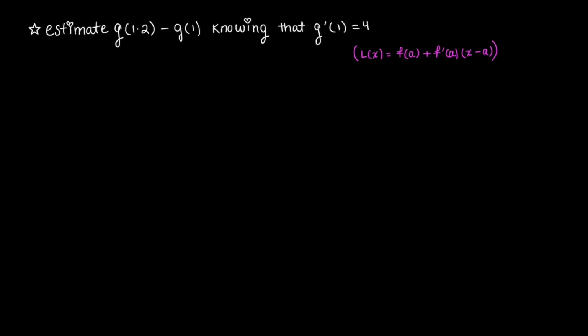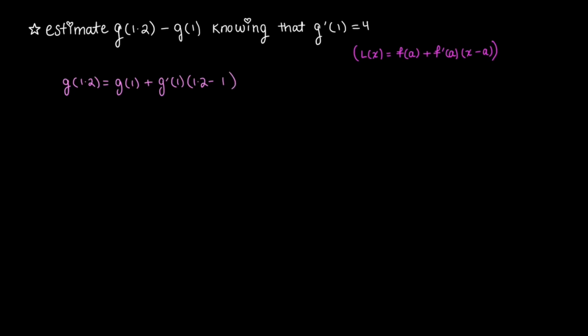In this case, our L of x is our g of 1.2. So g of 1.2 is equal to g of 1 plus g prime of 1 times 1.2 minus 1.